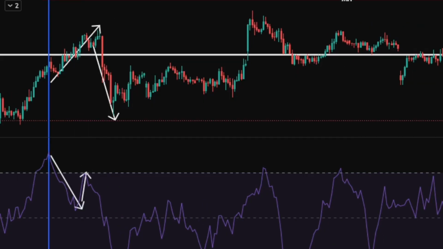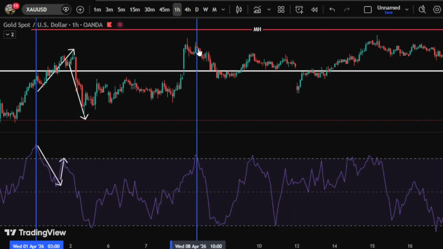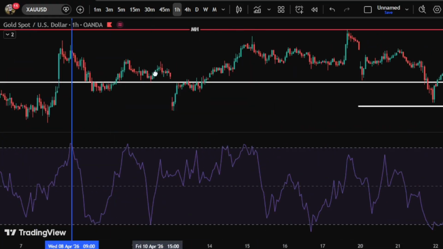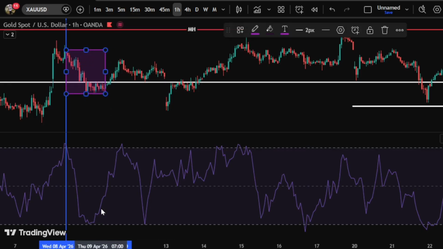Another signal here, to plot here, it gave you a sell signal around here, which means that the sell setup is coming to an end. Then the market took a small sell around here. Then there was no oversold around here.